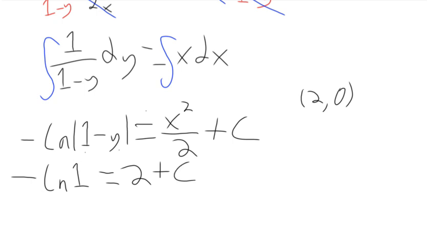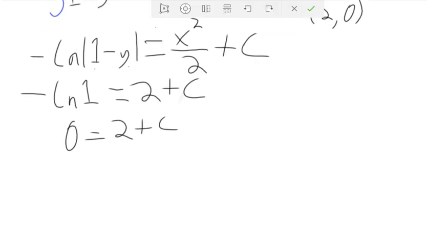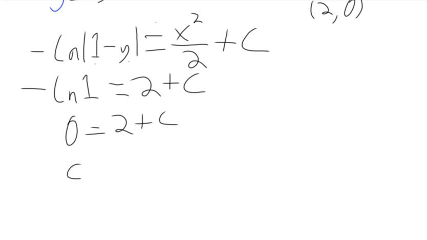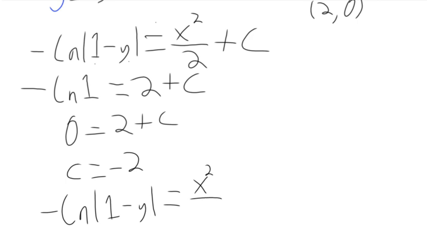Natural log of 1 is 0. Negative 0 is still 0, so I have 0 equals 2 plus c. C equals negative 2. I'll plug that in here. Negative natural log absolute value of 1 minus y equals x squared over 2 minus 2.